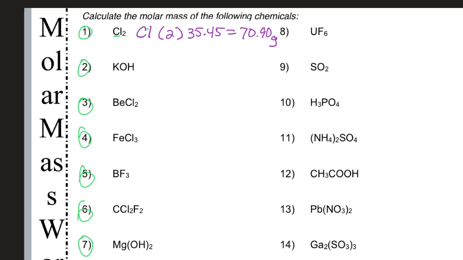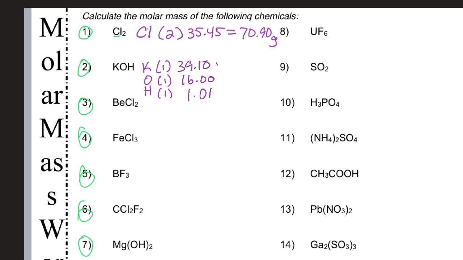Now we have KOH. I've got 3 different elements. I've got potassium, oxygen, and hydrogen. I've got 1 of each of them. So potassium, oxygen is 16.00, and hydrogen is 1.01.